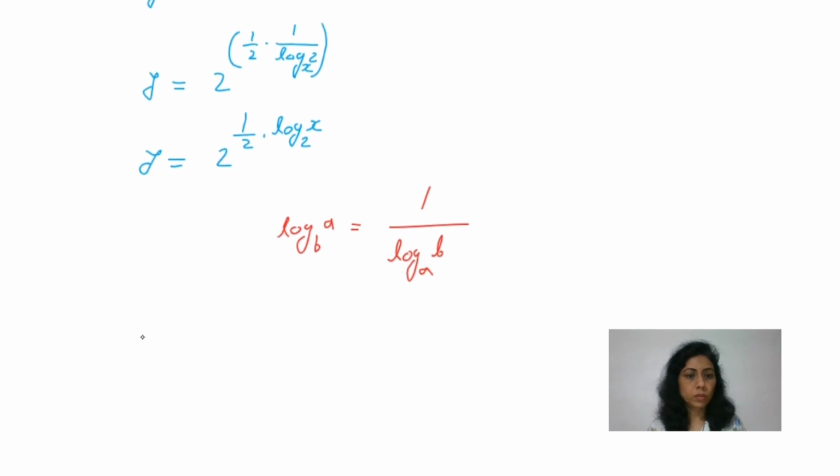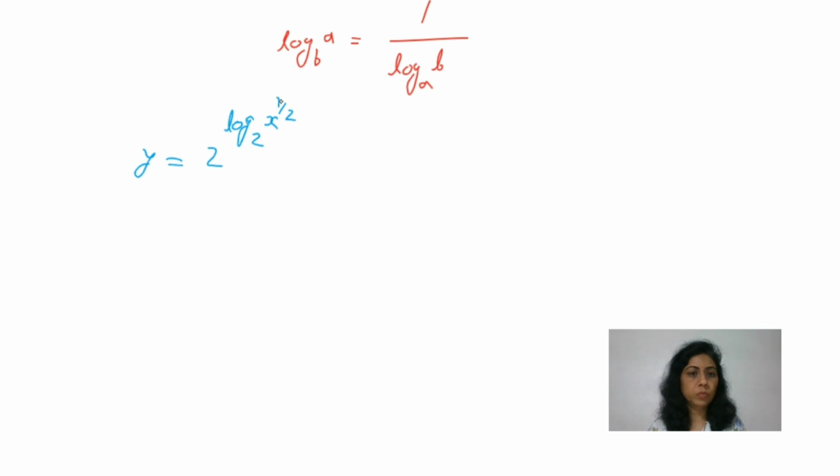So this property we use here: 2 to the power log x base 2, and this 1 upon 2 comes here in the power. This is in exponent form, x to the power 1 upon 2.